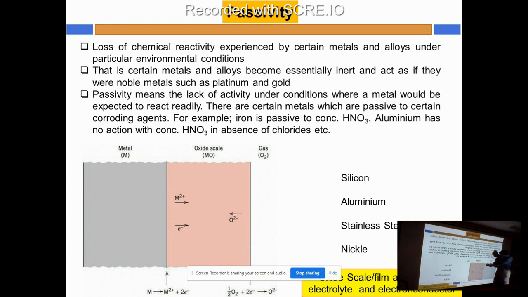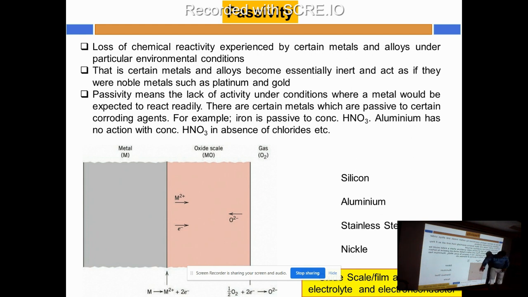See, this is the metal which we have. So what will happen is, in this metal, under certain conditions, it will form an oxide layer. On top of the metal, definitely there will be an oxide layer formed, which will prevent further oxygen from coming to the surface of the metal.